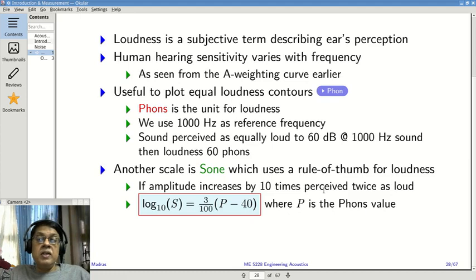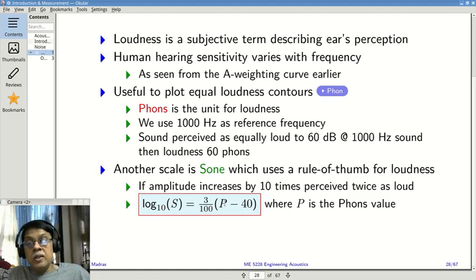So therefore we have this zone, which is defined as log base 10 of S, which is the zone value, is 3 by 100 into (P minus 40). So obviously one zone: if I look at P equal to 40, that is the loudness value, phone value is 40. So log S will be 0, which means S will be basically 1.